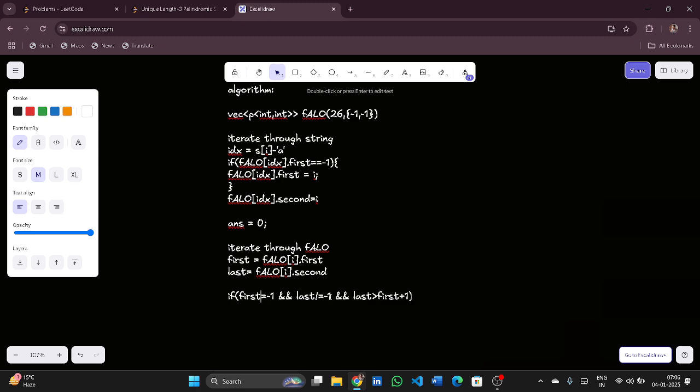If this condition is not satisfied, you can continue. That means you can skip this index.